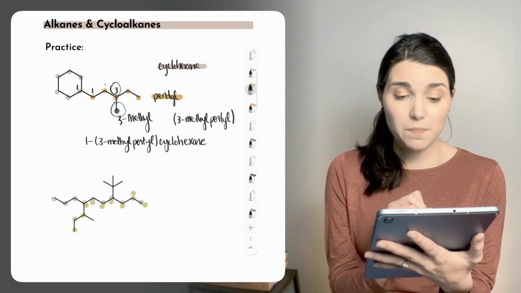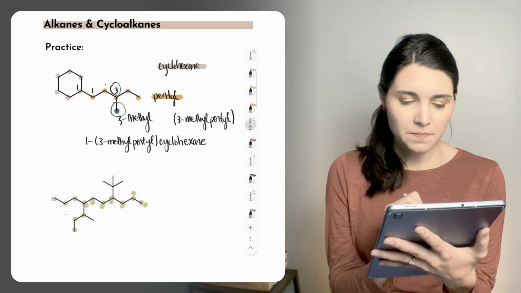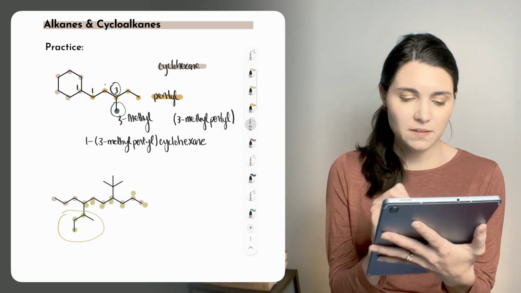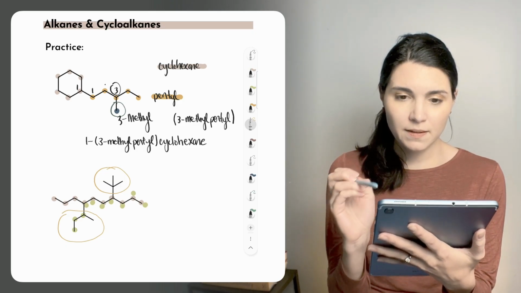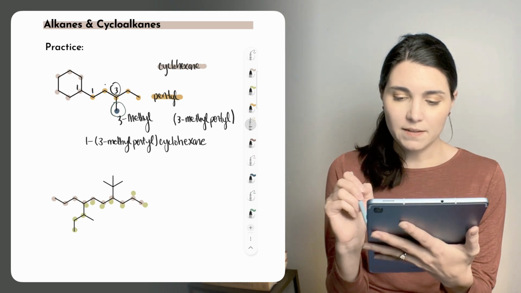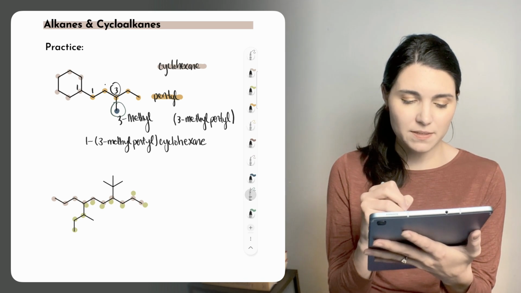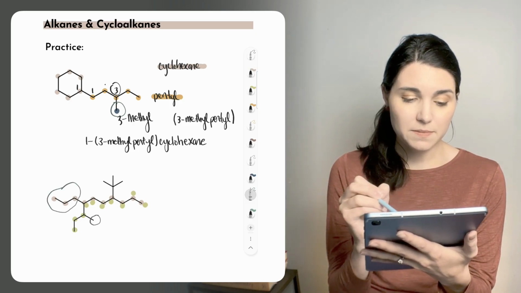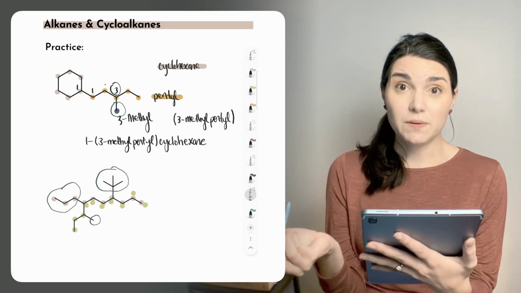So if we follow the pink dots, we're going to have 2 substituents. I'll circle them. So we'd have this branched substituent here and this branched substituent here. Now I'm going to erase those. And if we follow the green dots, we have 3 substituents. We'd have a methyl, we'd have this 3-carbon substituent here, and then we'd have that branched one again.